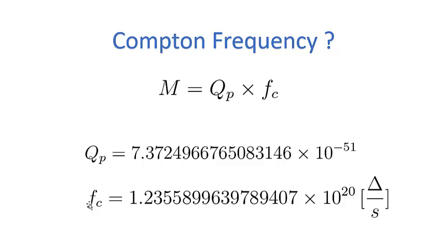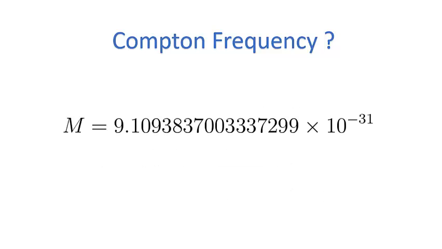And so the Compton frequency is probably only accurate to about 8 or 9 decimal places, but I show all the decimal places. These other decimal places out here are uncertain. So when you take these two parameters, the quantum of mass and the Compton frequency that we calculated a few minutes ago, and plug those into this equation, you get this value here, 9.109, etc., times 10 to the minus 31. Now we know what this is.